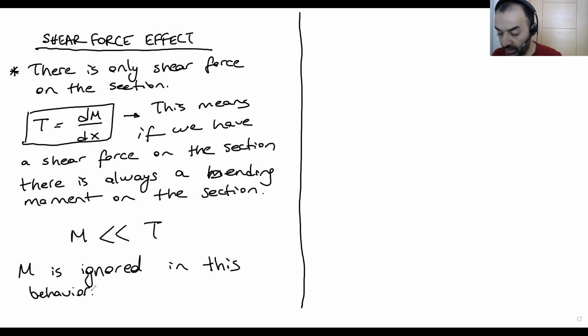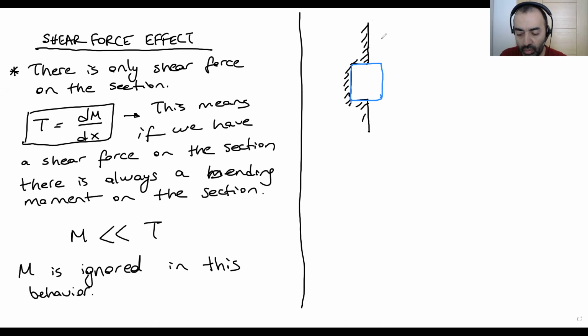So let's have some examples. For example, if we have a small or short cantilever, let me draw here. This is the wall. Okay, we insert this, let's change the color, we insert this portion, a small block.